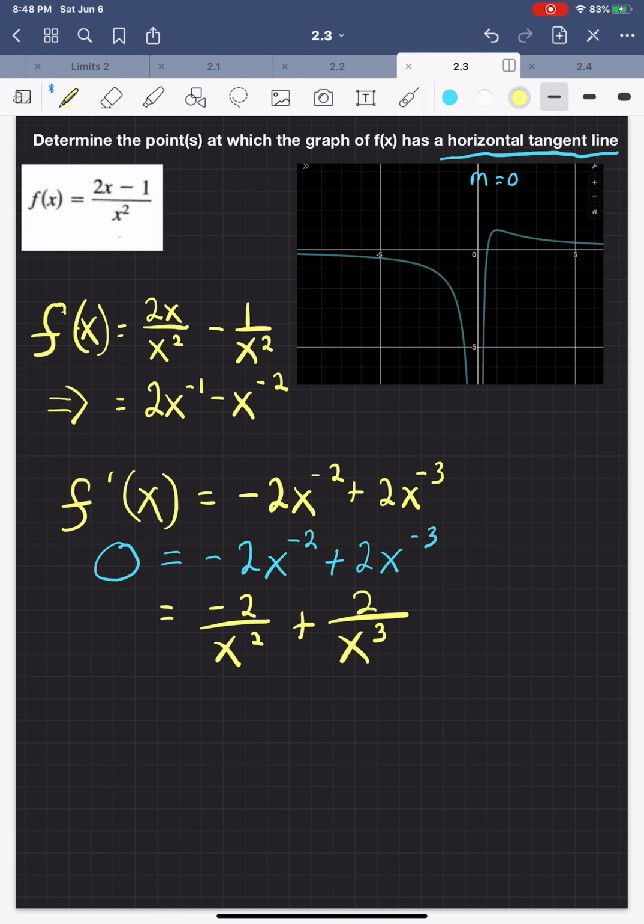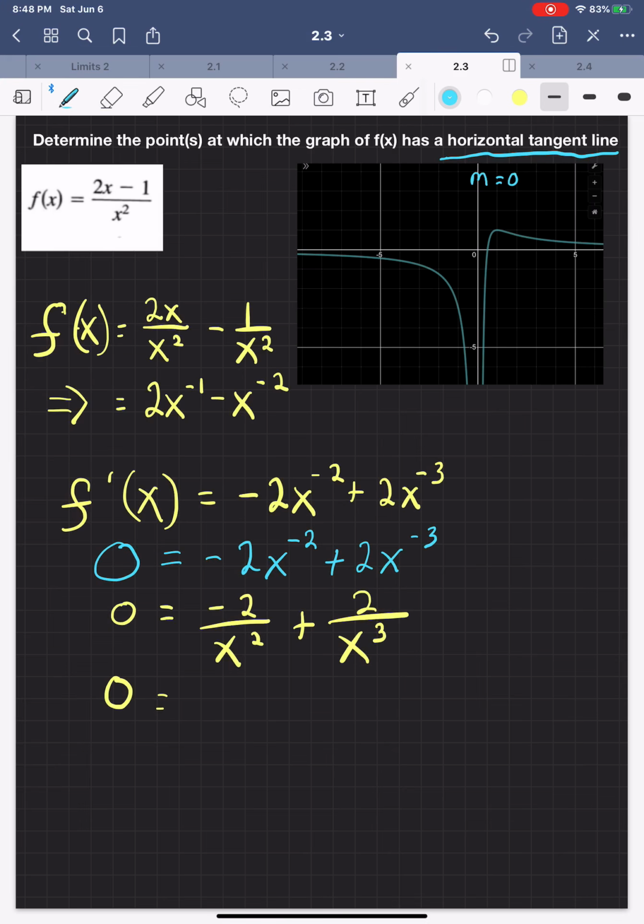Now, the reason why is because where we go from here is we want to get this into one fraction, right? I have it equal to 0 here, I have it equal to 0 here. I want to combine these two fractions into one fraction. And to do that, I need a common denominator.